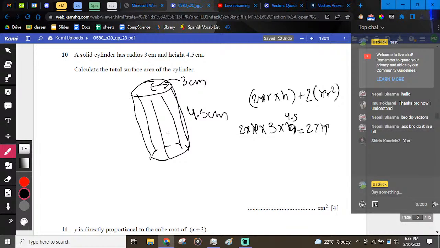Other than the curved side, there are also 2 more faces you need to account for. There are 2 of these circles. The area of a circle is pi r squared, which is 3 squared. So 2 times pi times 3 squared. Easy, 18 pi.